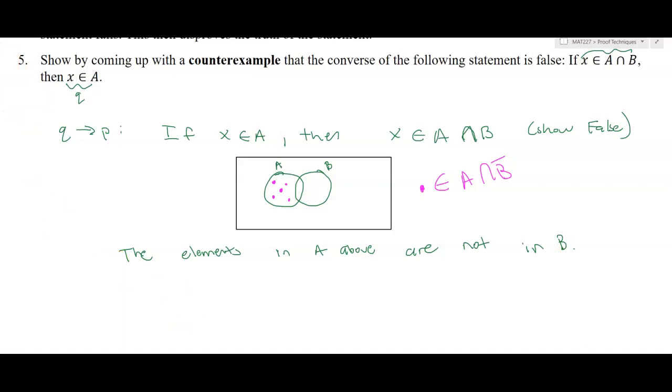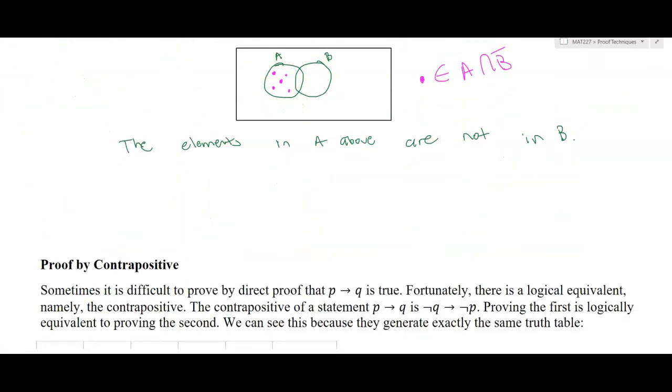Another counterexample that you might be able to give is a numerical one. So you could say something like, suppose A is equal to the set {1, 2, 3}, and B is the set {3, 4, 5}.